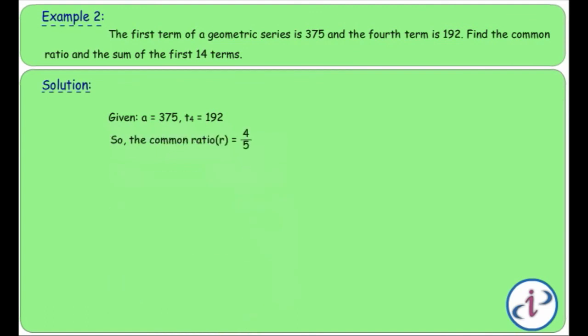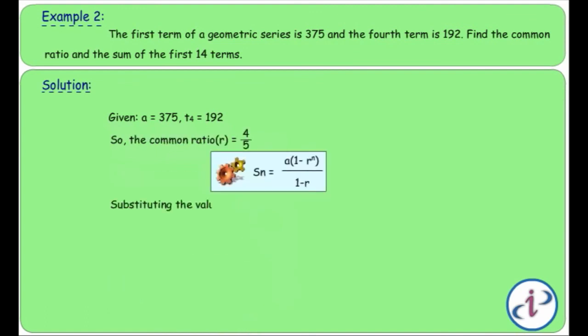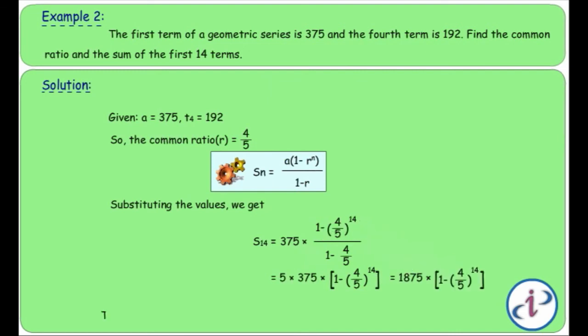Now, substituting the values of a, r and n respectively as 375, 4 by 5 and 14 in the formula for the sum of first n terms, we get the result as shown. The sum of the first 14 terms is equal to 1875 times (1 minus (4 by 5) to the power of 14).